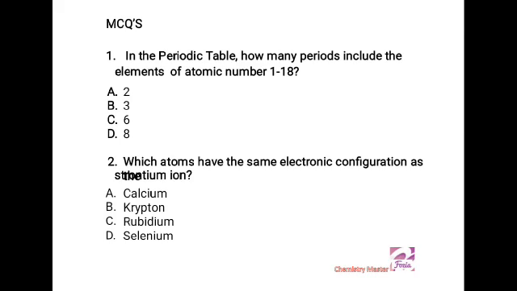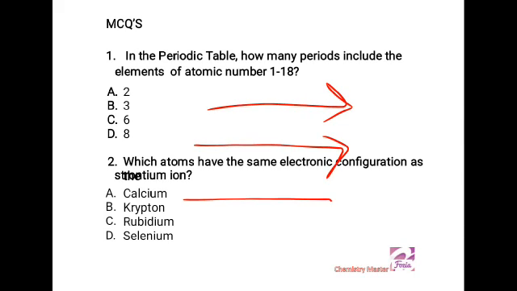This table is made on the basis of increasing atomic number, leaving behind no gap among the elements. So every time we see there are horizontal rows in the periodic table, which are called periods.